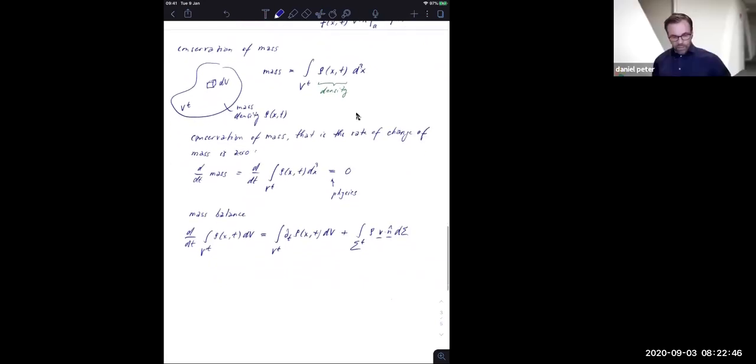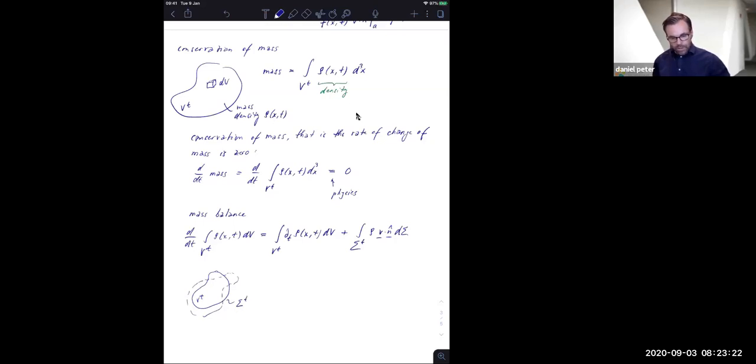So it's a bit hard to draw you a good picture for that, but let's say this is F of t, and this volume can change with time. And then if you look at the boundary, the surface is basically this sigma t. It's the surface of the volume.